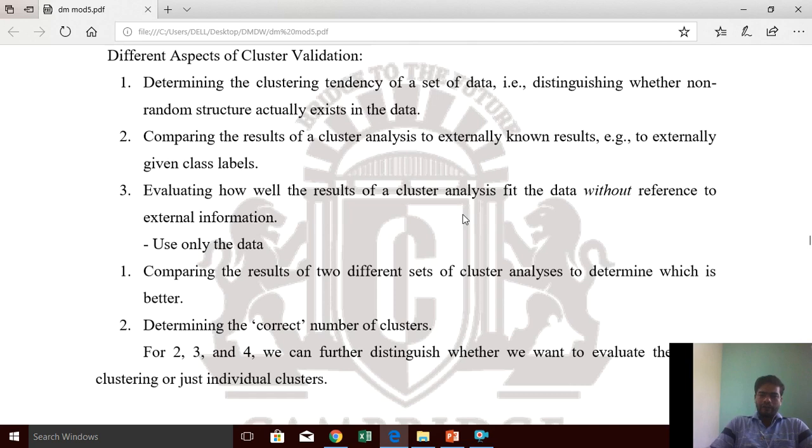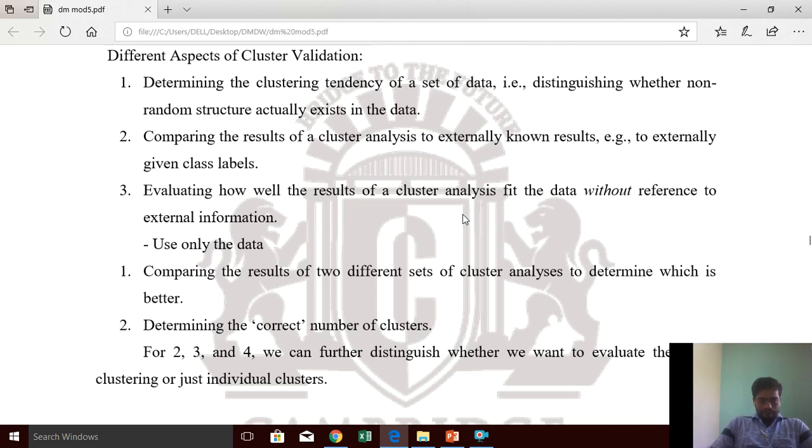Second, comparing the results of a cluster analysis to externally known results, for example an externally given class table, so the expected value is given. When you apply any clustering algorithm, we check whether the expected results are the same as the experimental results.